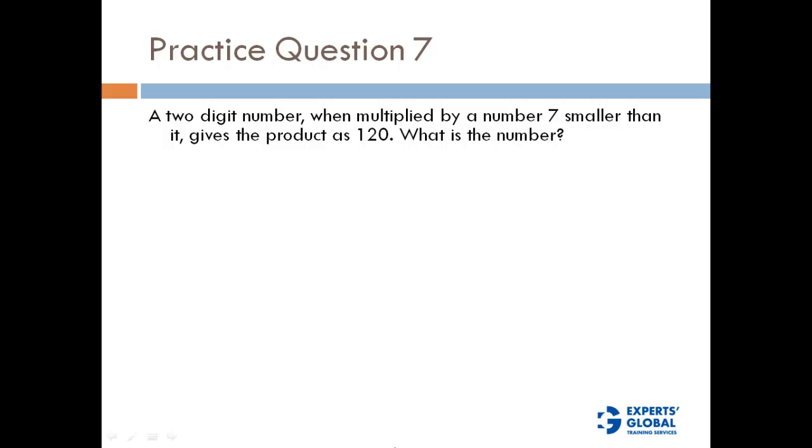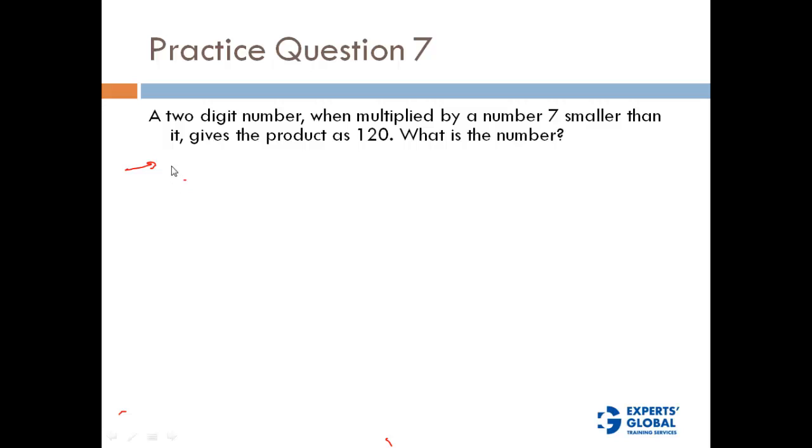Okay, so let's look at the next problem. You can pause the video and solve this problem. Okay, so let's look at the solution. A 2-digit number when multiplied by a number 7 smaller than it gives the product as 120. What is the number?